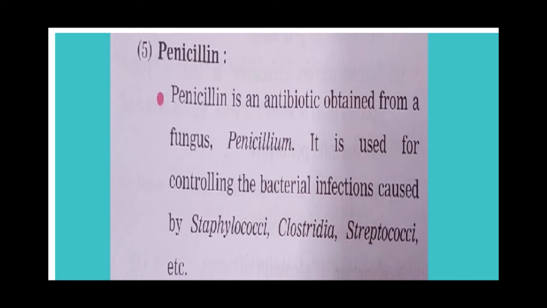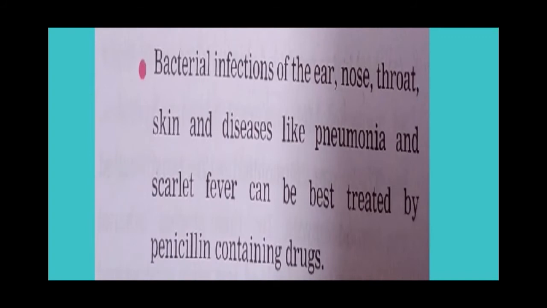It is used for controlling the bacterial infections caused by Staphylococci, Clostridia, Streptococci, etc. The bacterial infections of the ear, nose, throat, skin, diseases like pneumonia and scarlet fever can be best treated by penicillin-containing drugs.